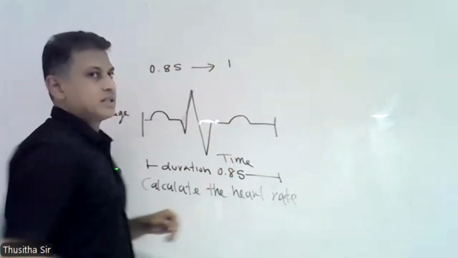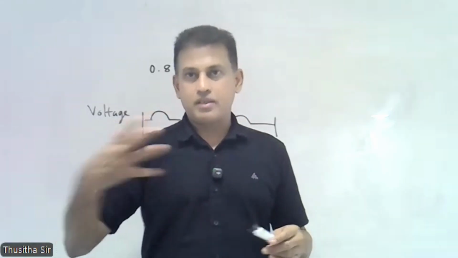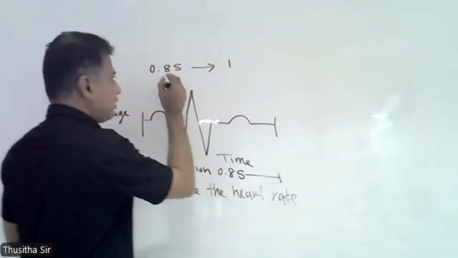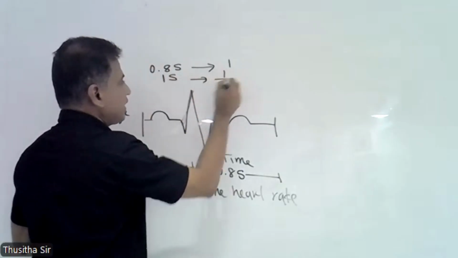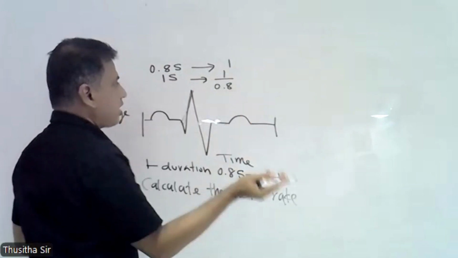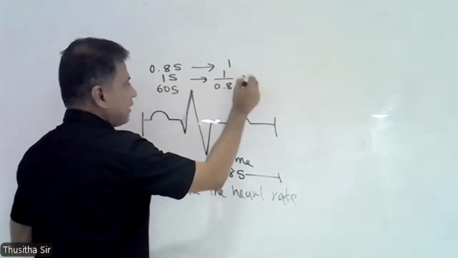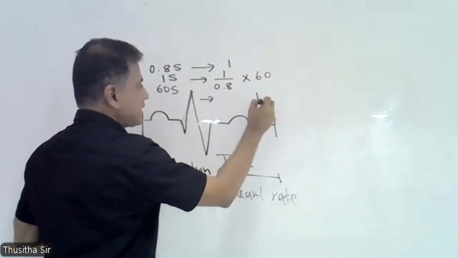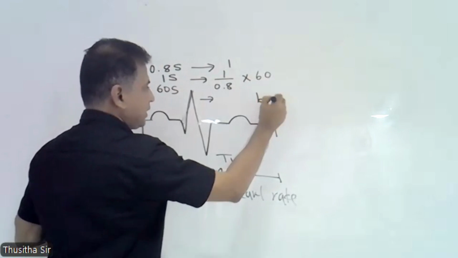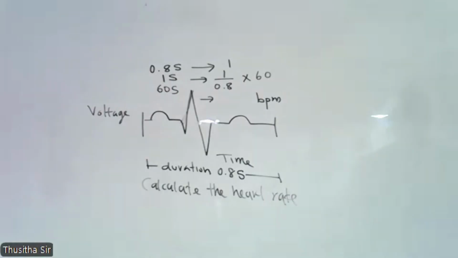It's one beat. I mean, a cardiac cycle is one contraction and relaxation, right? Then what we can expect in 1 second is 1 divided by 0.8. And the heart rate we calculate for 1 minute, that is 60 seconds. Then multiply by 60 seconds, and you get the value in beats per minute. How many beats per minute? Yeah, 75.